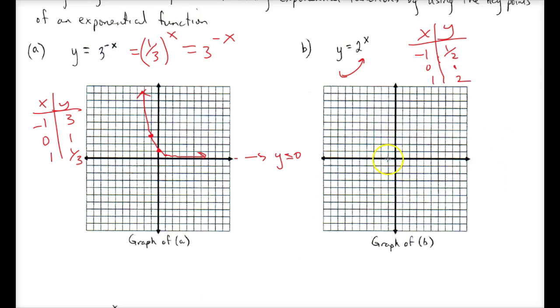So we have a -1, 1/2, which would be about right here, 0, 1, and then 1, 2. And of course, we have horizontal asymptote, y equals 0. And of course, we'll just connect the dots here. So we'll kind of just do it like this. Okay.